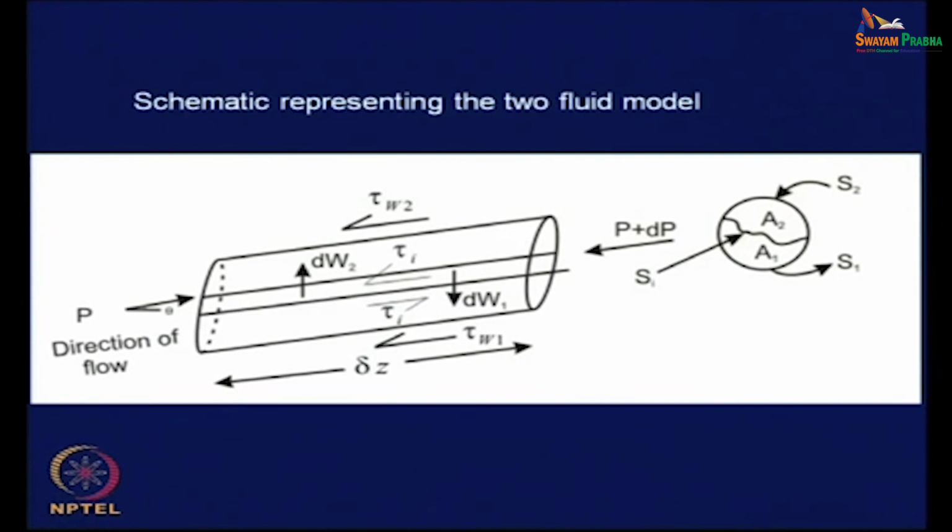Now, whenever that happens, there is also a momentum change. Why? Because some portion of the fluid which is undergoing change of phase actually changes its velocity from that of one phase to that of the other phase, since both the phases are flowing at different velocities. So, there is a change of momentum due to phase change as well.